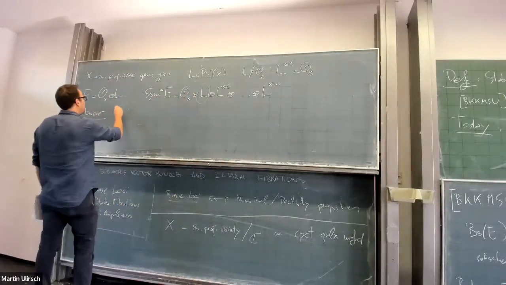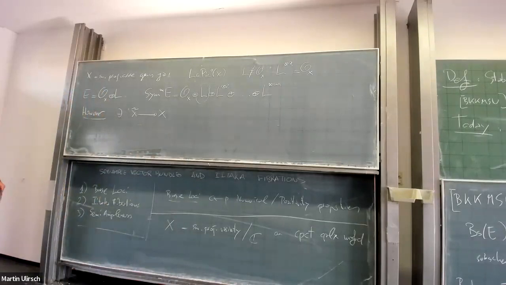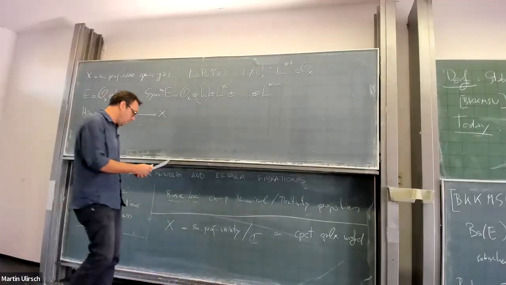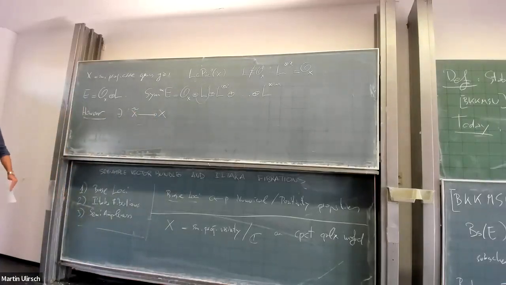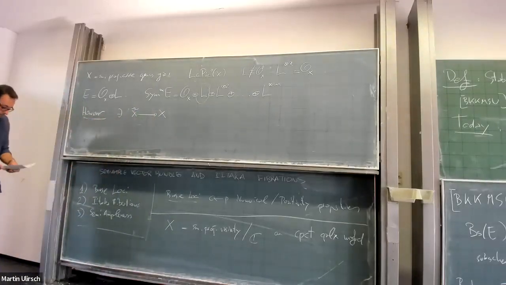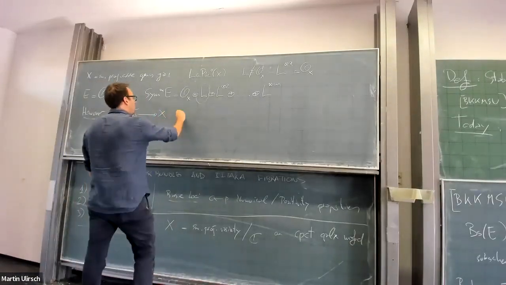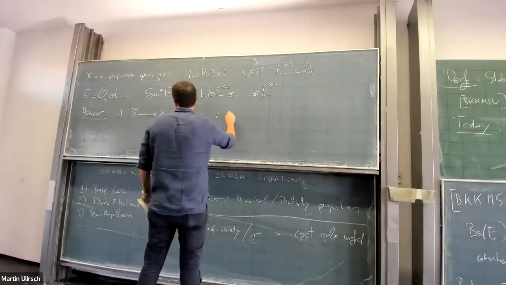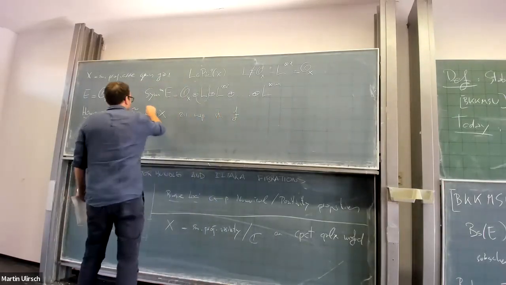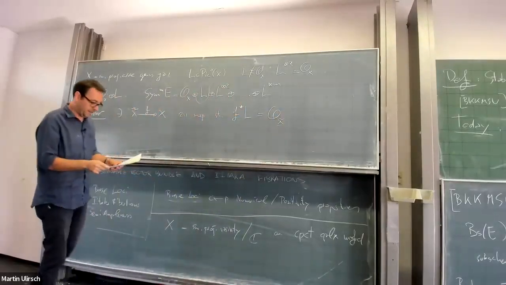So there exists a 2-to-1 map from another curve X tilde of genus greater than 1. Think about, for example, an elliptic curve and a two-torsion line bundle and a 2-to-1 isogeny. Therefore, there exists X tilde with a 2-to-1 cover f such that f star L is trivial on X tilde.